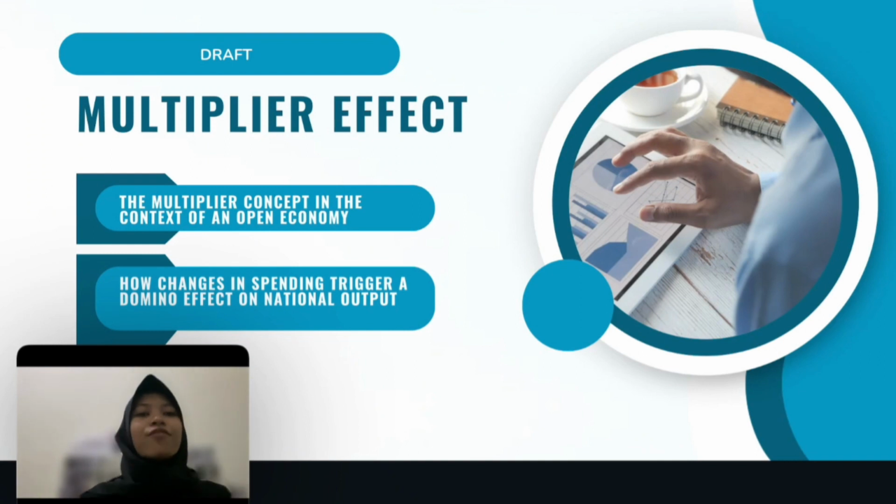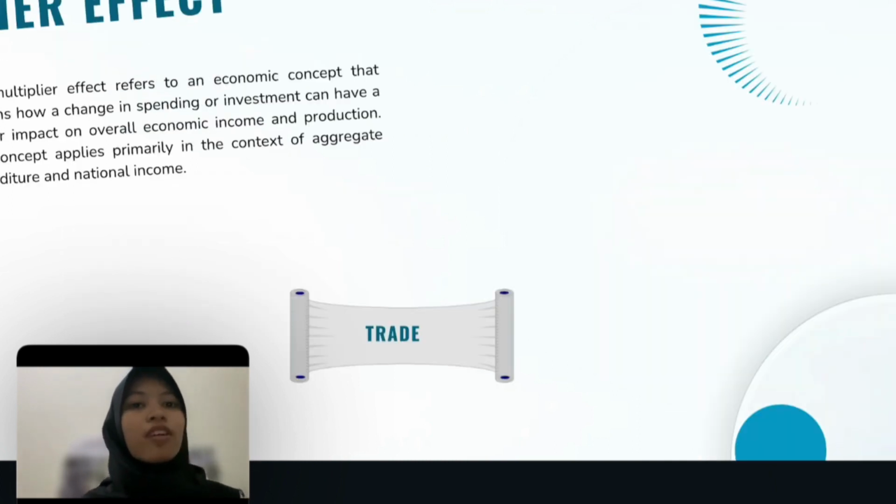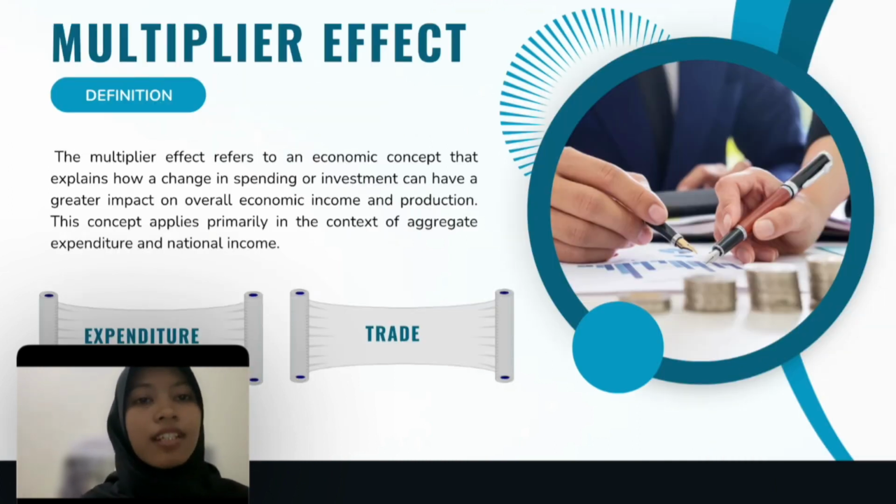Okay, for the next is multiplier effect. First, we have the multiplier concept in the context of an open economy. And secondly, we have how change in the spending trigger a domino effect on national output. So, for the first, we have a definition. The multiplier effect refers to an economic concept that explains how a change in the spending or investment can have greater impact on overall economy, income, and production.